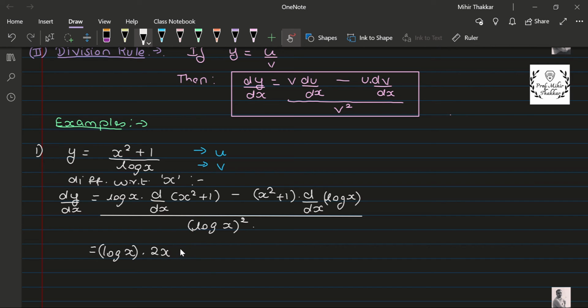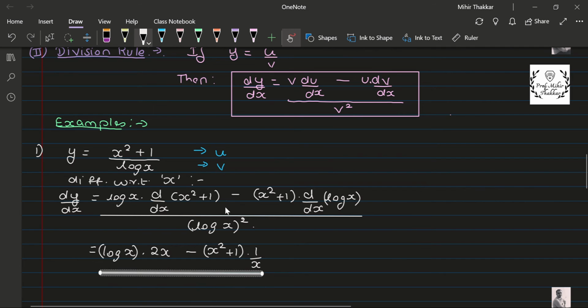So I get 2x plus 0, which is just 2x. For the next term, minus x square plus 1 is outside the derivative sign, so we just leave it as it is. The derivative of log x is 1 upon x. And once again, whole divided by log x the whole square.